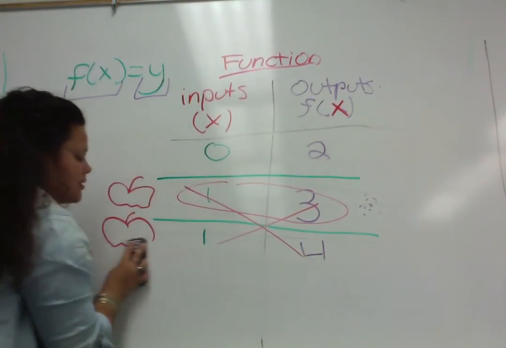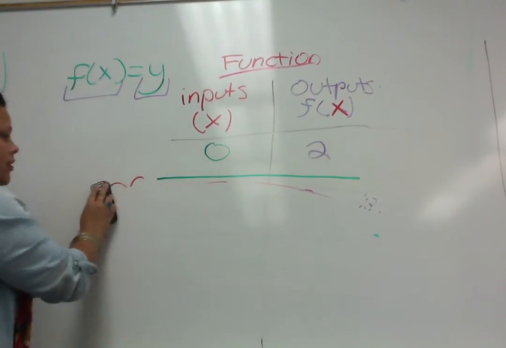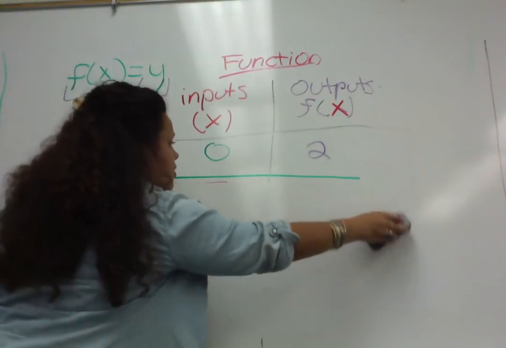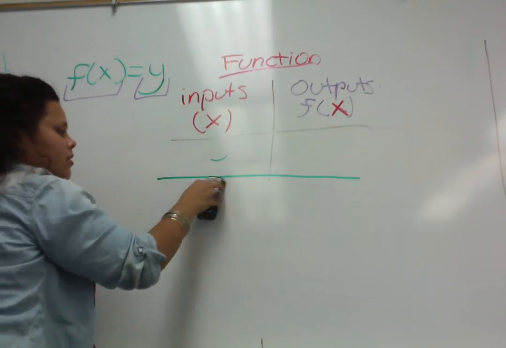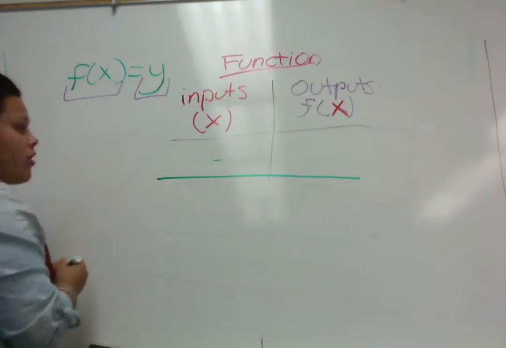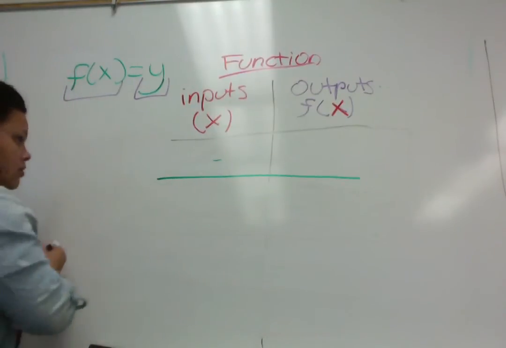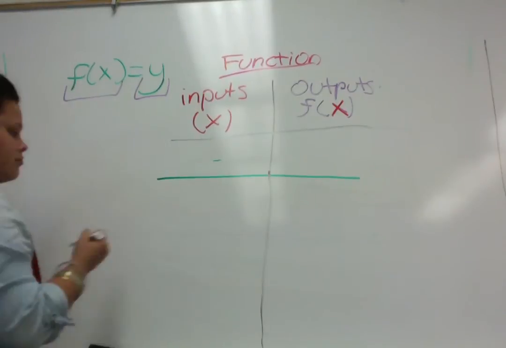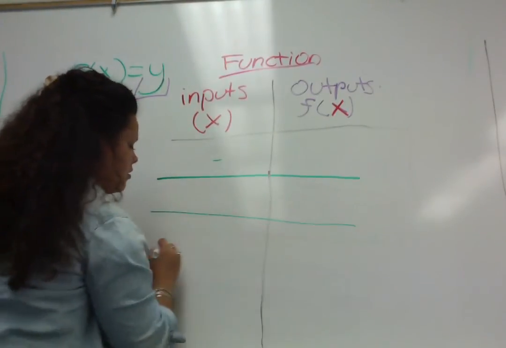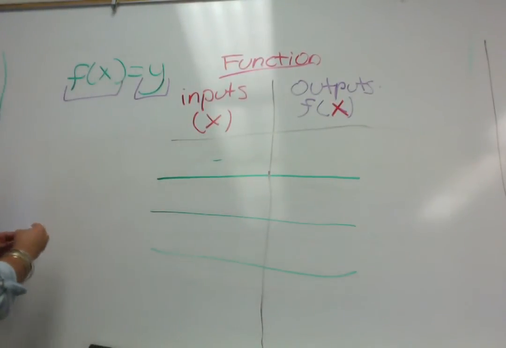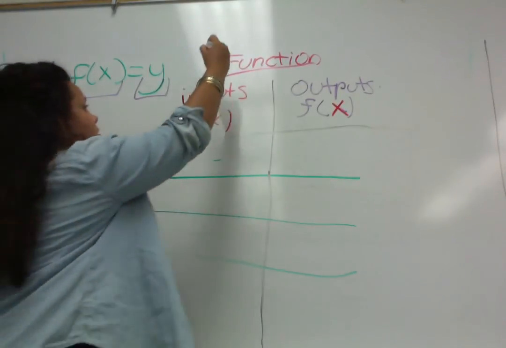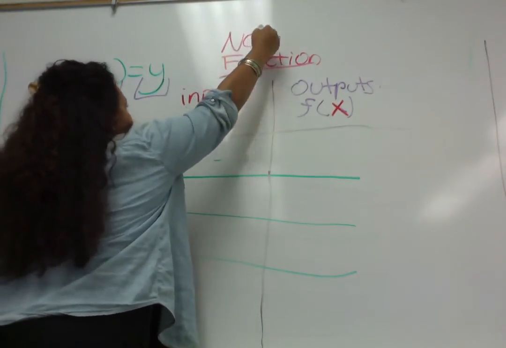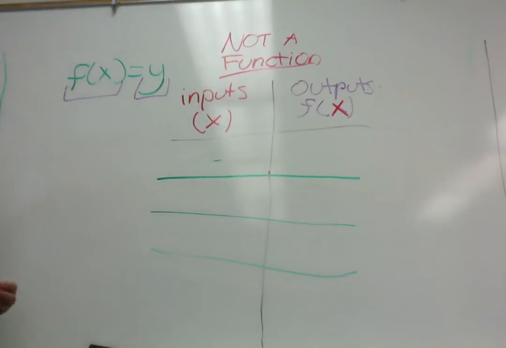So that was actually an example of not a function, but I'm going to give you a real example of not a function, because that was actually our example of a function. So drawing another T-chart. Okay, so this is an example, this is not a function.